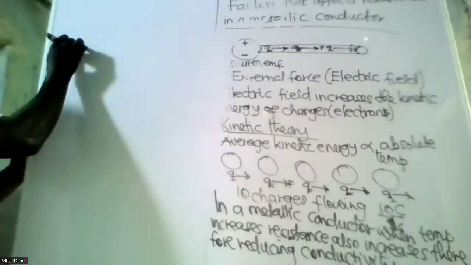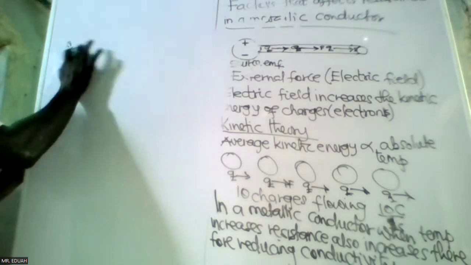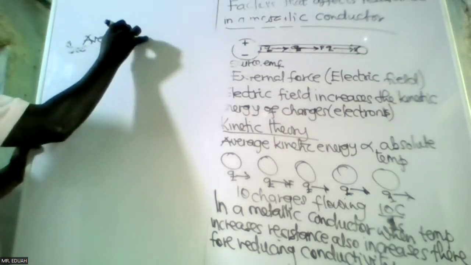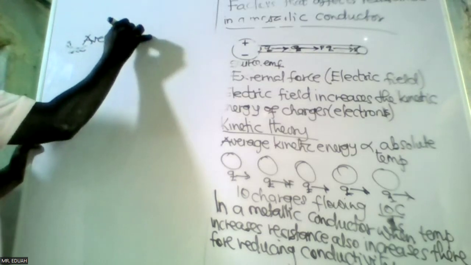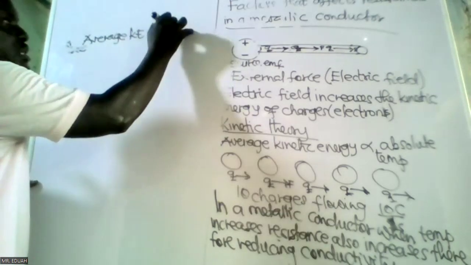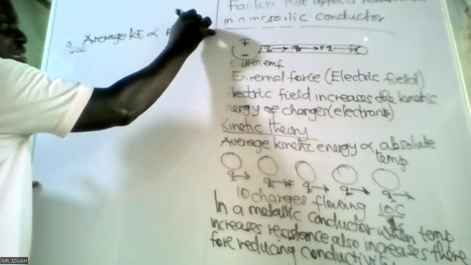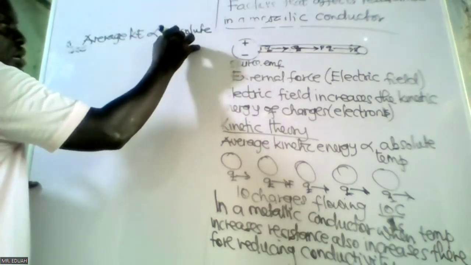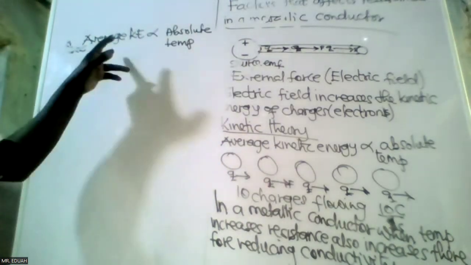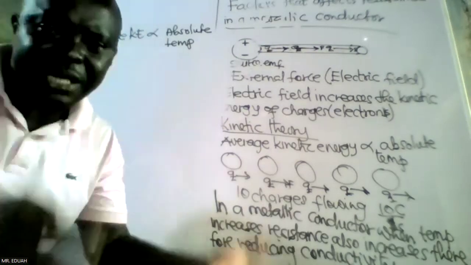increase in temperature, average kinetic energy, KE, is directly proportional to absolute temperature. Or absolute temperature is directly proportional to average kinetic energy of particles.